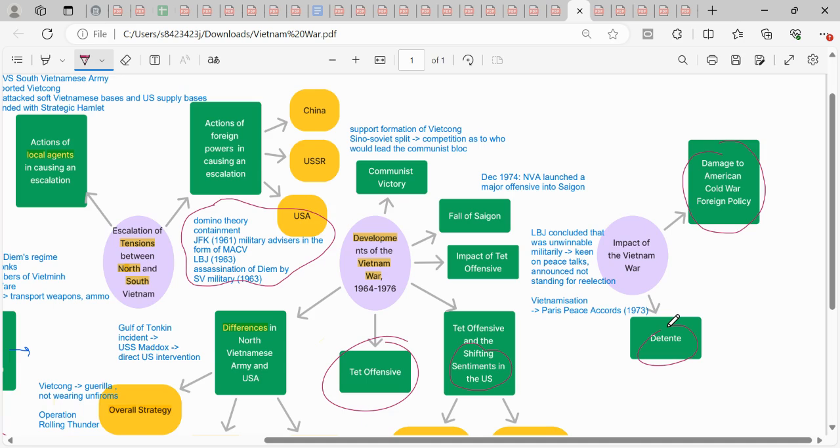And subsequently, we are going to learn in the next chapter the successful signing of anti-ballistic missile treaties, the SALT, Strategic Arms Limitation Talks in 1972, were successful, and over time, America also allowed China's entry into the United Nations. This was under President Nixon. So on both fronts, America's relations improved with the Soviet Union and with China.